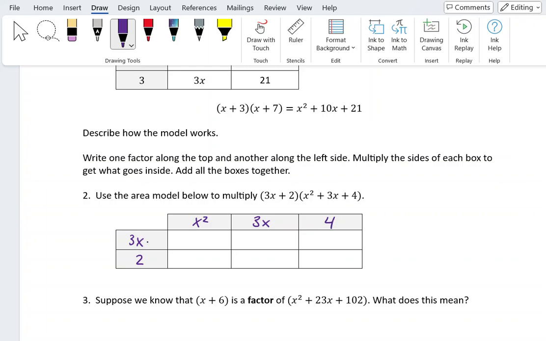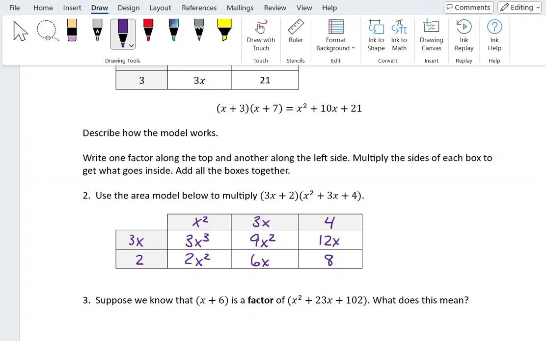And then we multiply, so 3x times x squared is 3x to the third. 2 times x squared is 2x squared. 3x times 3x is 9x squared. 3x times 2 is 6x. 3x times 4 is 12x. And 4 times 2 is 8.